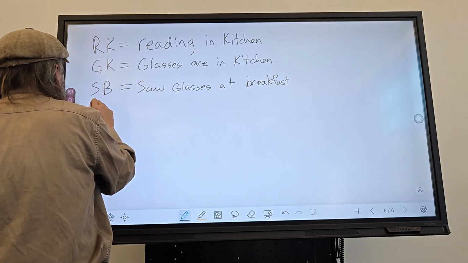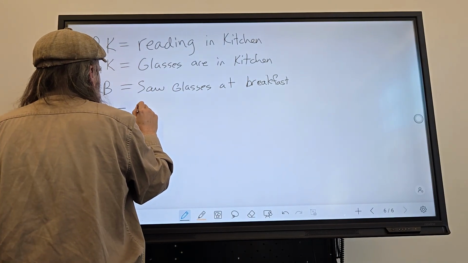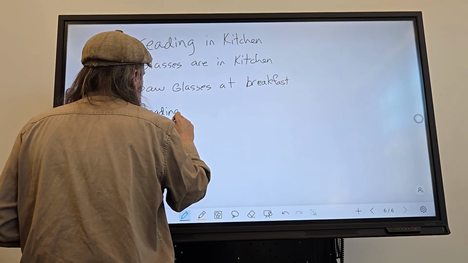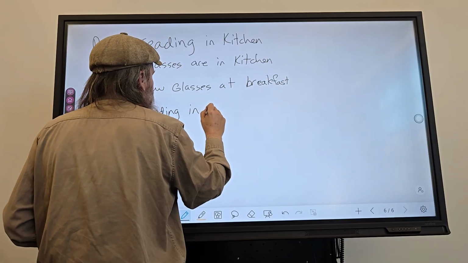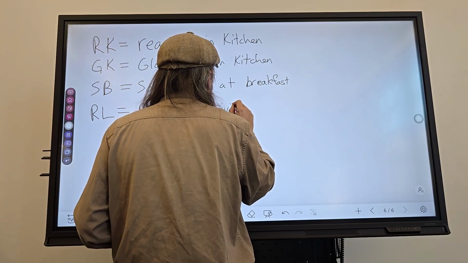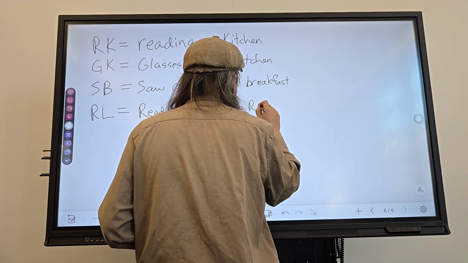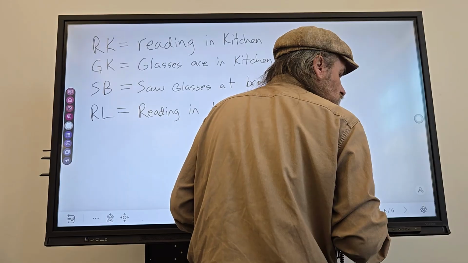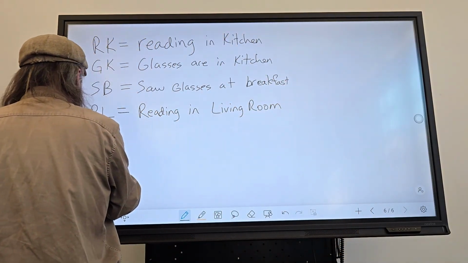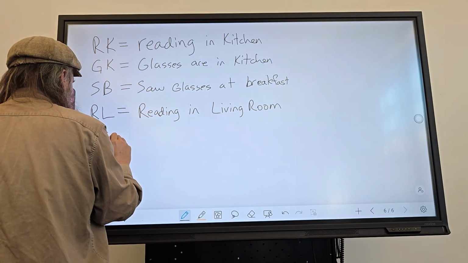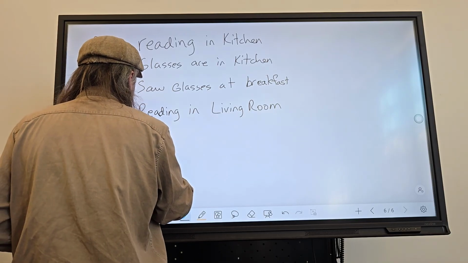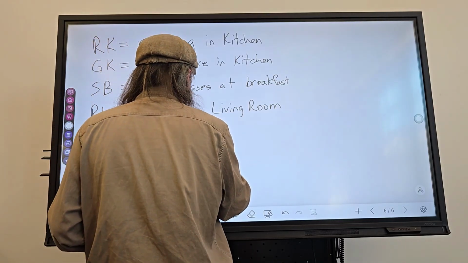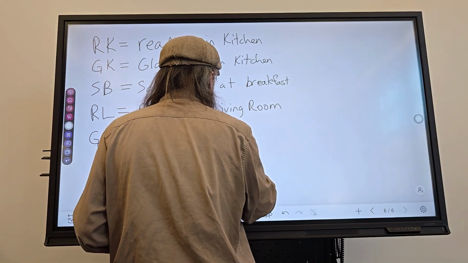RL: reading my notes in the living room. GC: glasses on the coffee table.